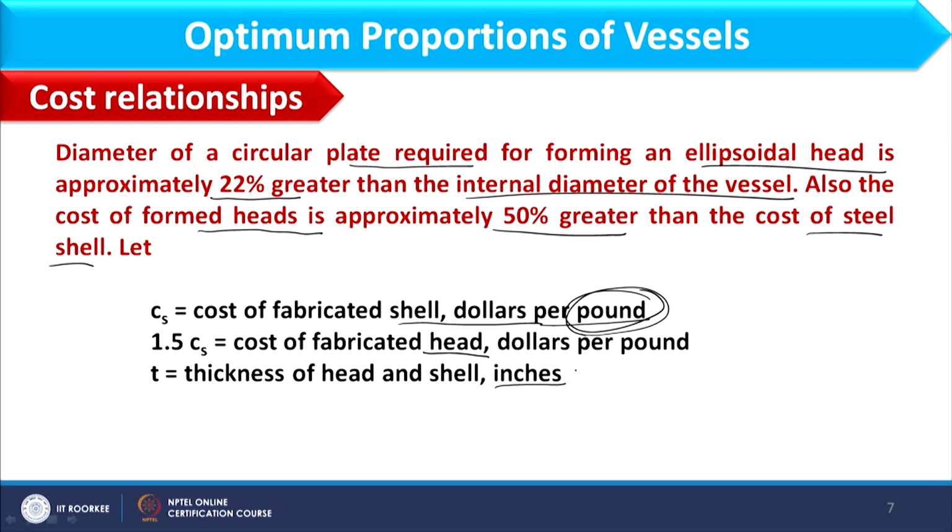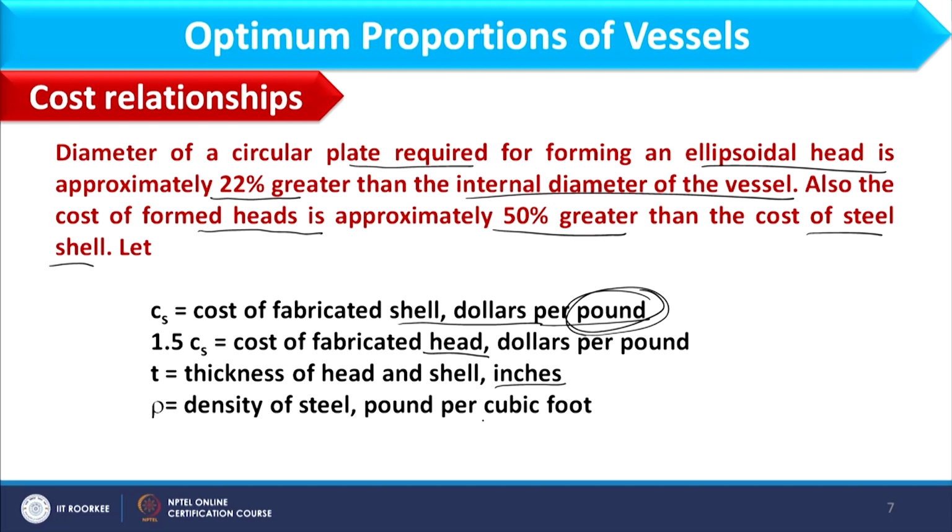So in that case I am considering thickness of shell and head as equal, equal to T for derivation purpose. However, you can consider different thickness also. And rho is the density of the steel, which is pound per cubic foot. So these are a few parameters which I am going to consider for cost calculation.